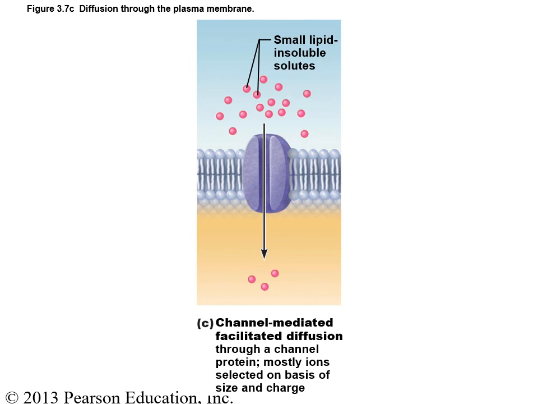Now this is looking at a channel where you have small lipid-insoluble solutes that are very tiny, and they can get through the channel, and you can see they're higher concentration here, lower here. So the definition of diffusion is the movement of solute. These are solute molecules that are moving from higher concentration to lower concentration, and this is facilitated diffusion because the facilitator is the protein channel.